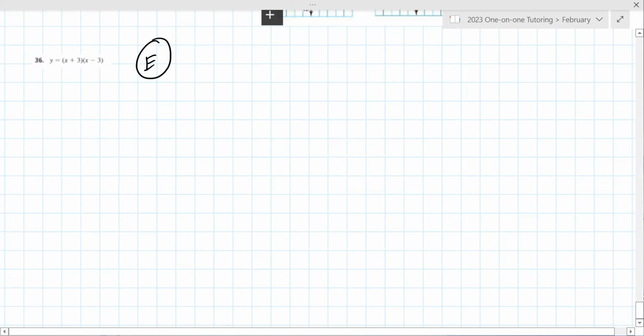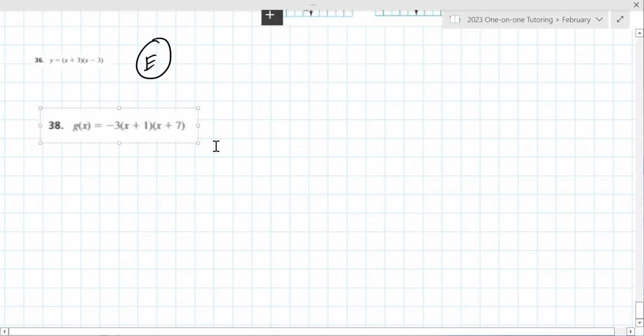Okay, that's good. Now 38 through 42. Use zeros to graph the function. So we've kind of already done this. These are in some ways easier than what we've been doing because there's less things that are required.